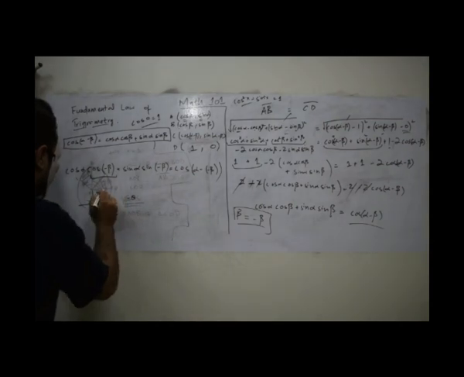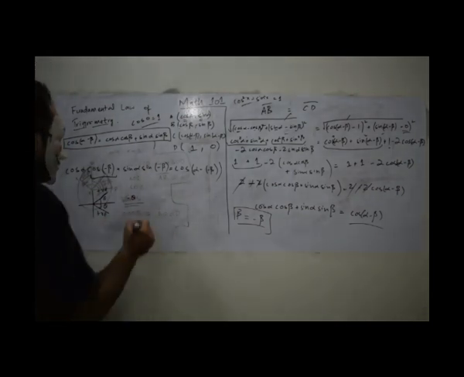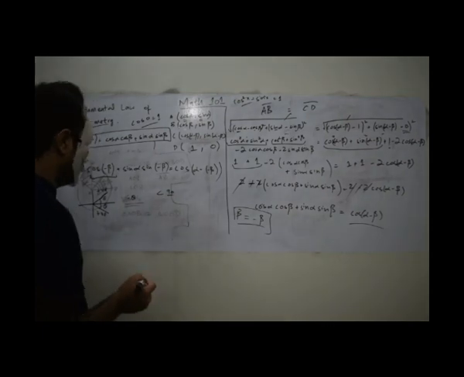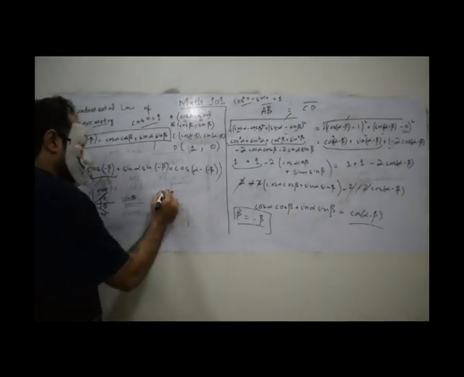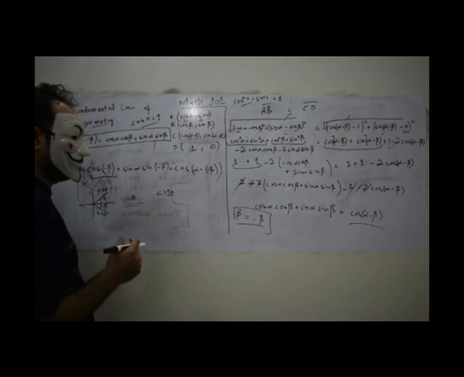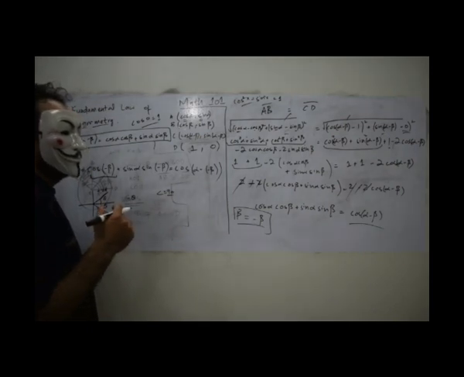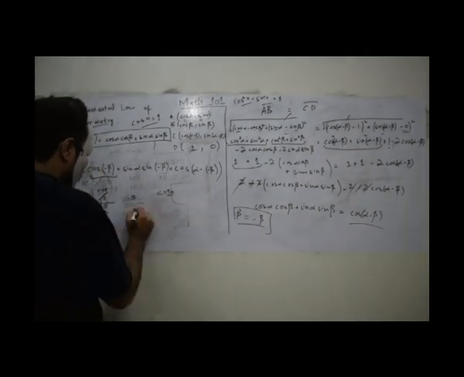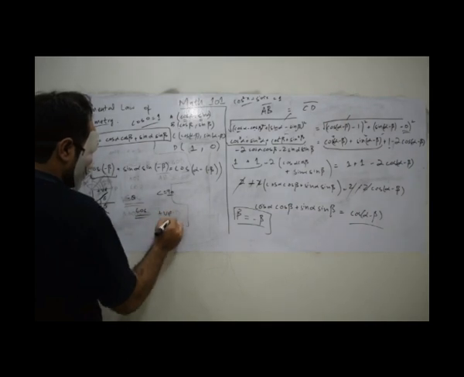So cos function is positive here and here. Whenever the angle is less than 90 degrees, it doesn't matter what the sign of the angle is, the cos function will always be positive.